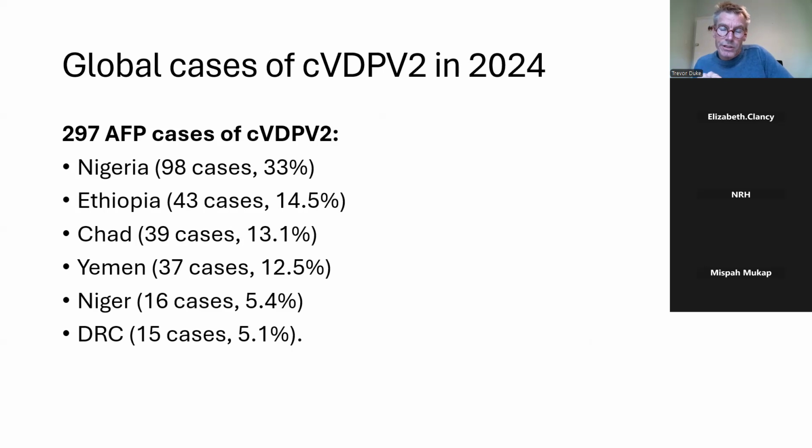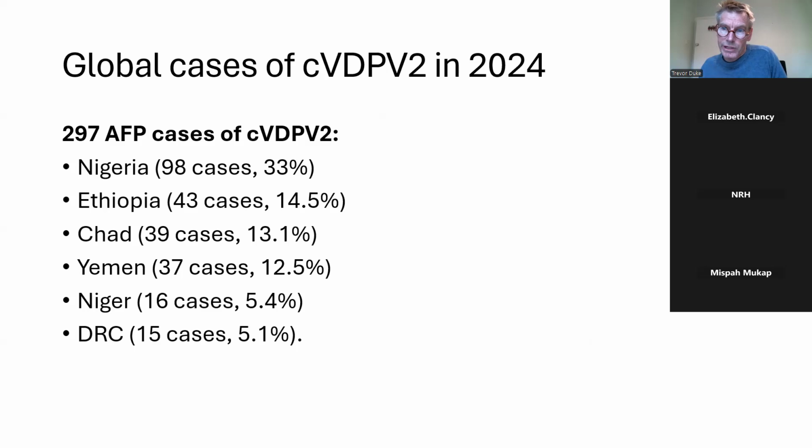The countries in which the most cases were reported last year were in Africa: Ethiopia, Nigeria, Chad, Yemen, Niger, and the Democratic Republic of Congo.